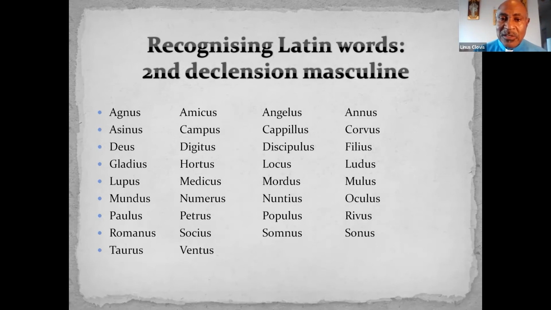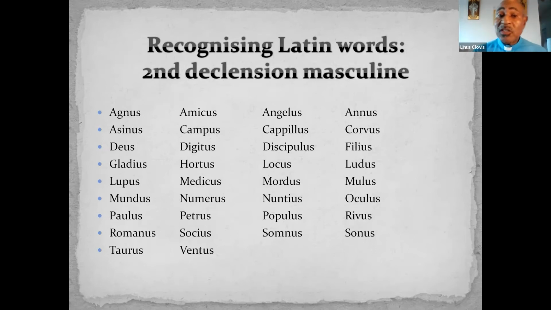So just to run through them quickly. I'll go down this time. Agnus is a lamb, Asinus is a donkey, Deus, God, Gladius, sword, Lupus, a wolf, Mundus, the world, Paulus, name or small, Romanus, a Roman, Taurus is a bull, Amicus, amicable friend, Campus, camp, field, Digitus, a finger, a digit, because we count our digits.